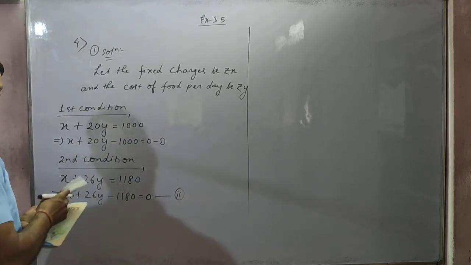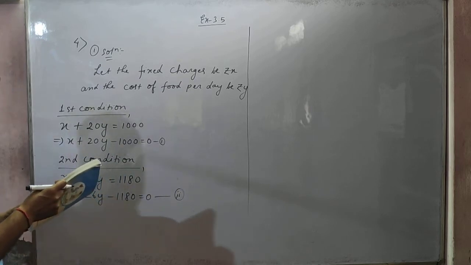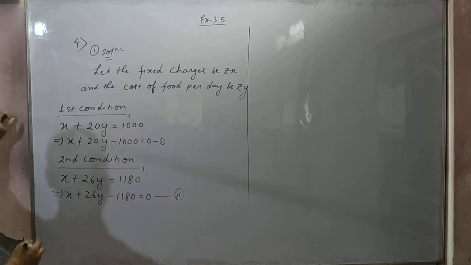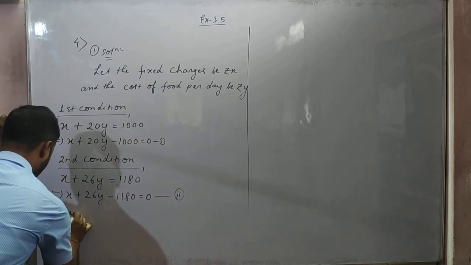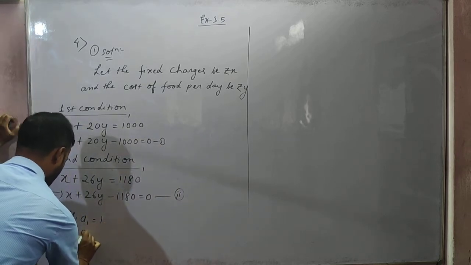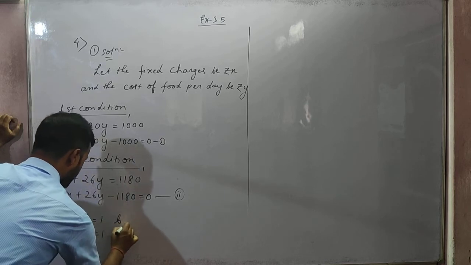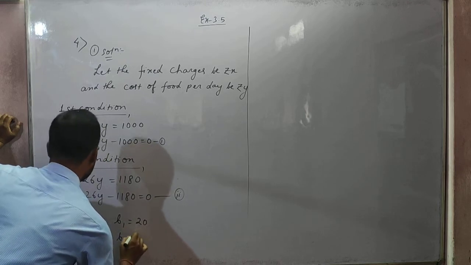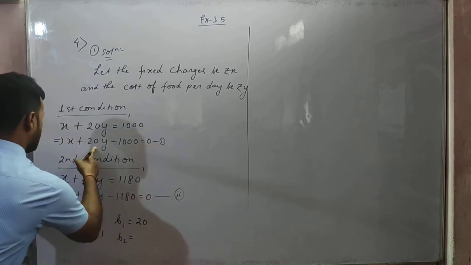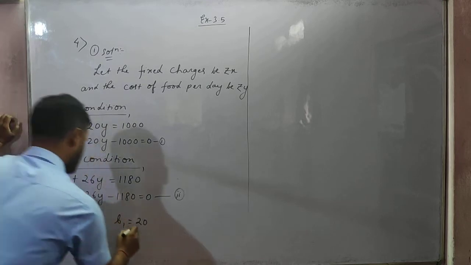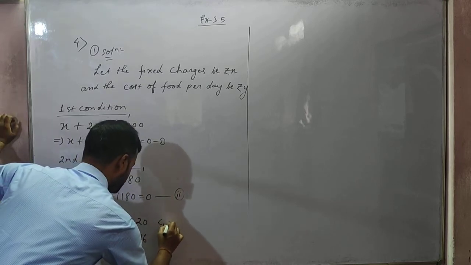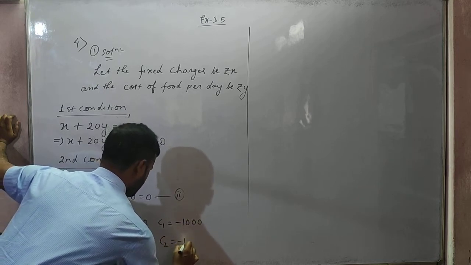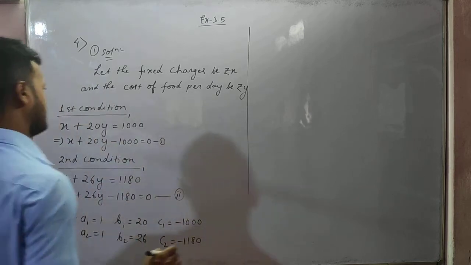Okay, so now here it is said to you that find the solutions if they exist. That means you have to check whether the solutions exist or not. So here A1 is equal to 1, A2 is equal to 1, B1 is equal to 20, B2 is equal to 26, C1 is equal to minus 1000 and C2 is equal to minus 1180.